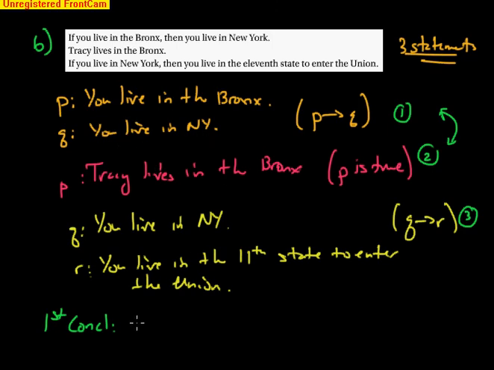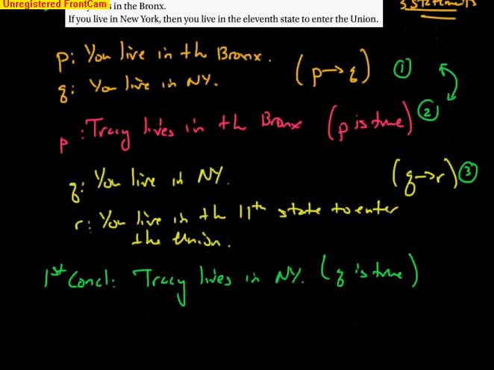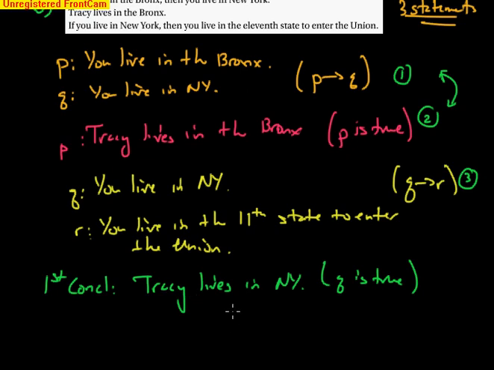If Tracy lives in the Bronx, then she lives in New York. Tracy lives in New York. And that is telling me that Q is true. This is from the law of detachment. So that's my first conclusion, okay?